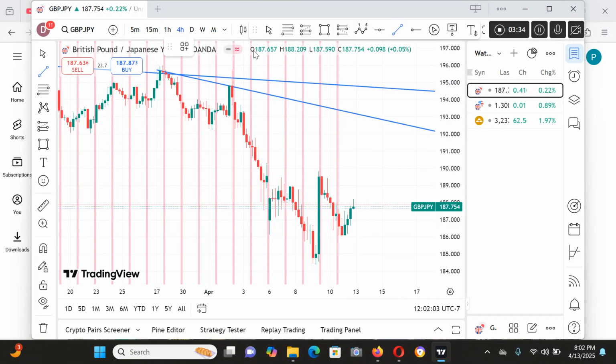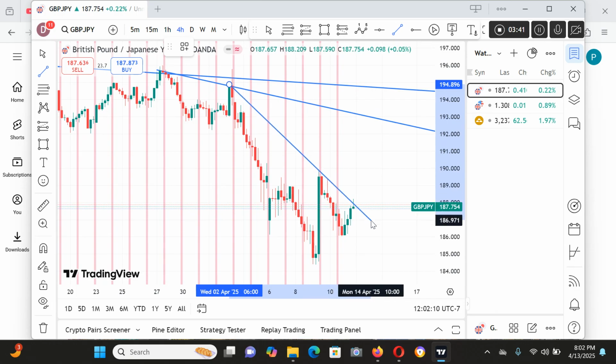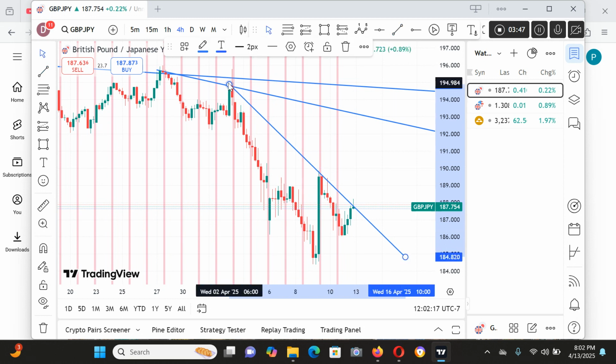Our chart is showing a downtrend market, so we draw another trend line from here. This is perfect. The long time view of this market is a downtrend. We can see one peak here, another peak here, and it also touches here.